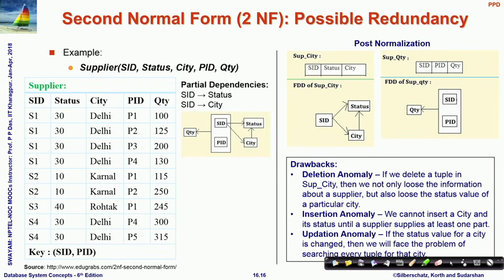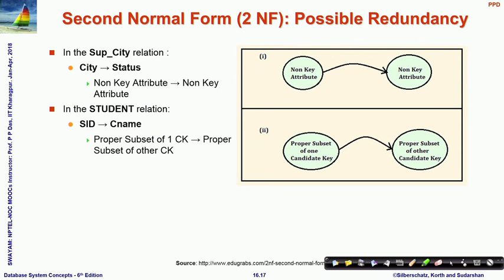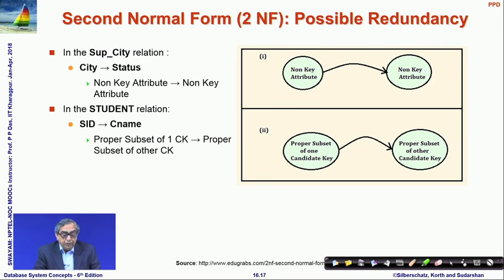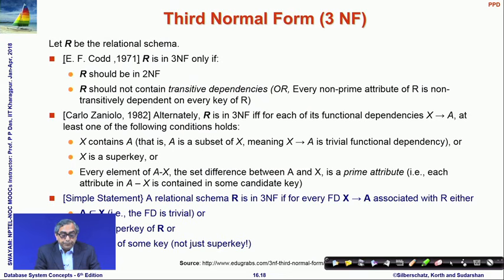But after I normalize, this dependency does not exist, yet there will still be redundancy in this relation, and the status will continue to be redundant, and for that reason we have to move on to the next normal form. I am just explaining here the possible sources of redundancy that you can have in 2NF.